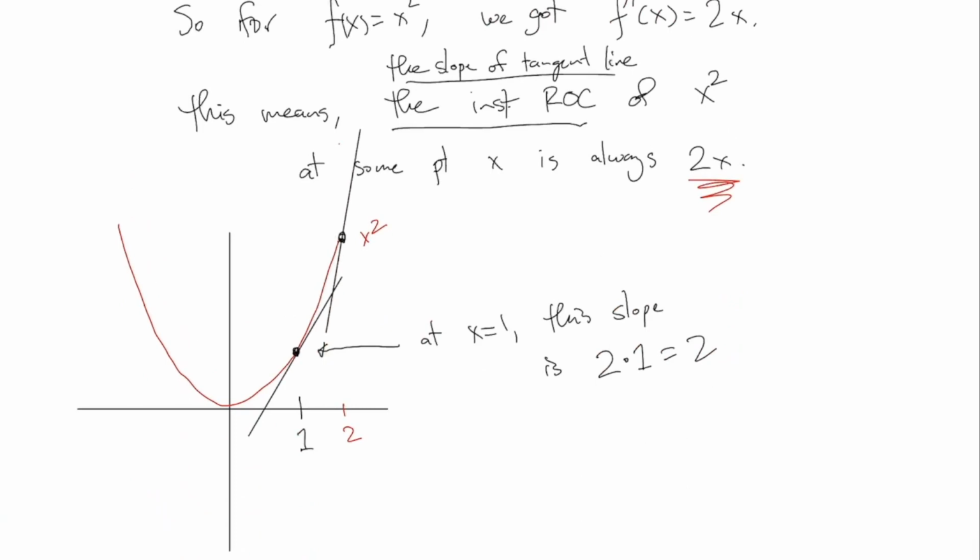The slope here is 2 times x, which will be 2 times 2, which is 4 in this case. This is the geometric meaning of this derivative formula. It tells you all the slopes, or in a real world problem, all the instantaneous rates of change of whatever you're trying to talk about.